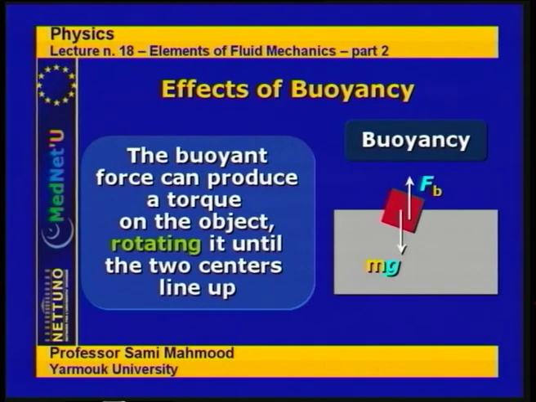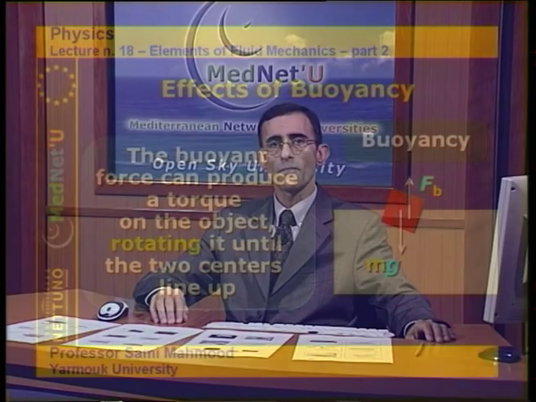Another effect of the buoyancy is that if an object is partially immersed in a fluid, and if it happens that the center of buoyancy is different than the center of gravity of the immersed portion of the object, then there are two forces not acting on the same line, which will introduce a torque on the object, and that torque will rotate the object until the two centers coincide, and then the two forces, the buoyancy force F sub b and the weight of the object, are acting on the same line, one upward and one downward.